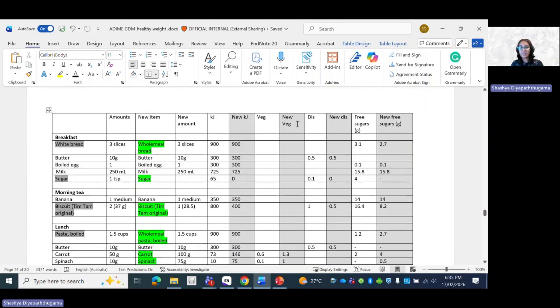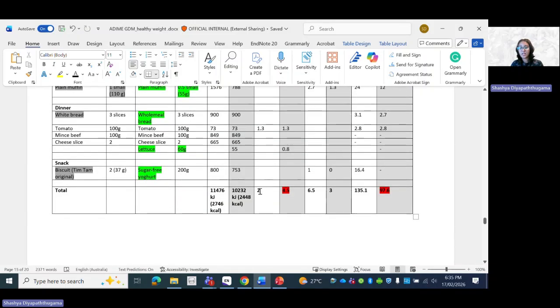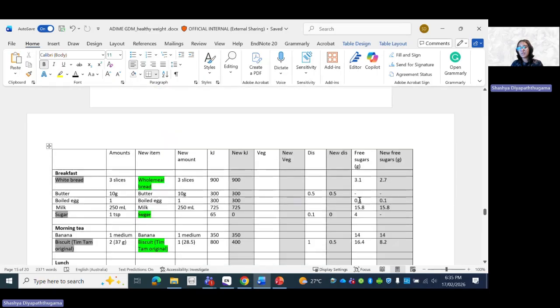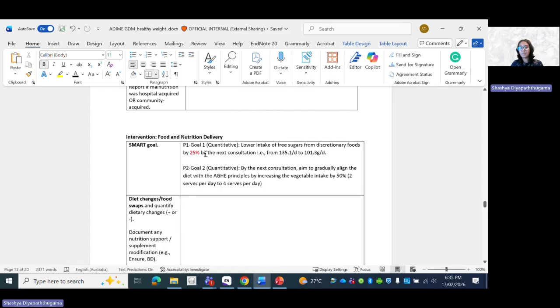So let us look at the vegetables, because that was where we had an issue. Earlier it was 2, this was the previous, and now I've increased it up to 4.5 serves. My target was to bring it up to 4 serves, because increasing the vegetable intake by 50% was my target. So I've met my target. Then in terms of free sugars, I wanted to reduce 25% of it.